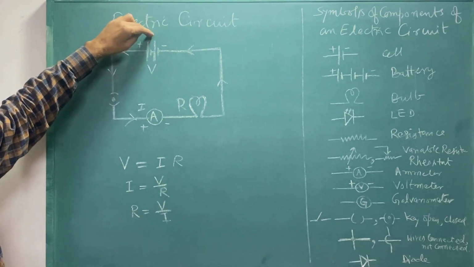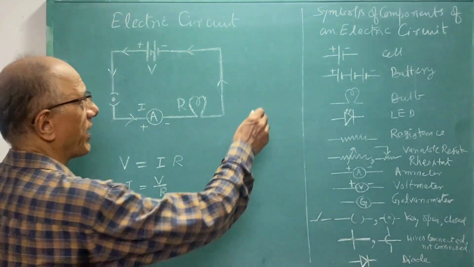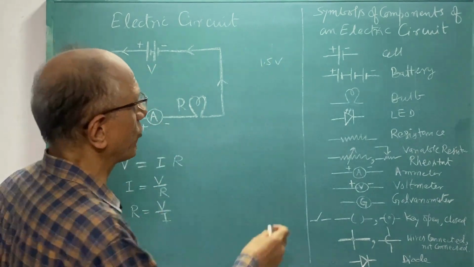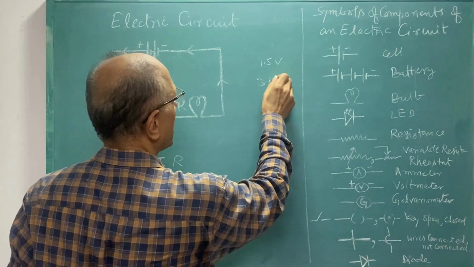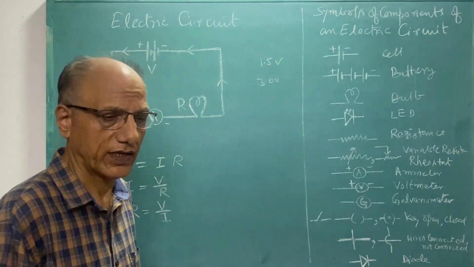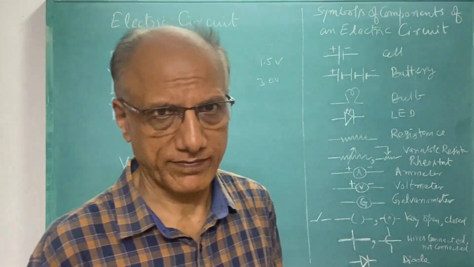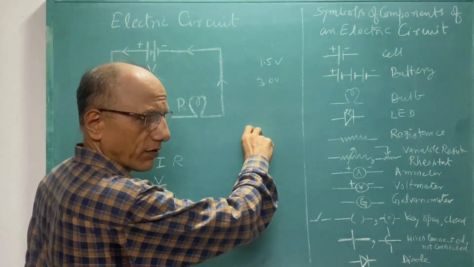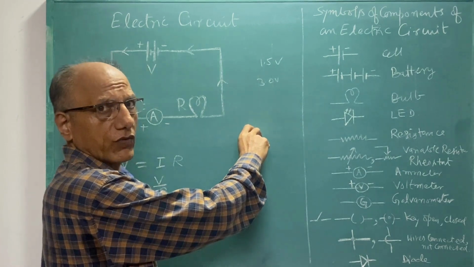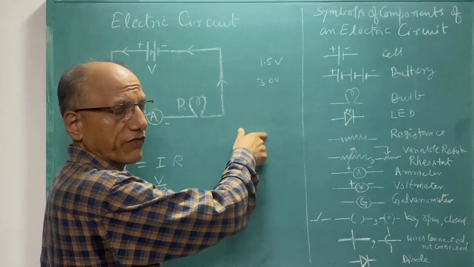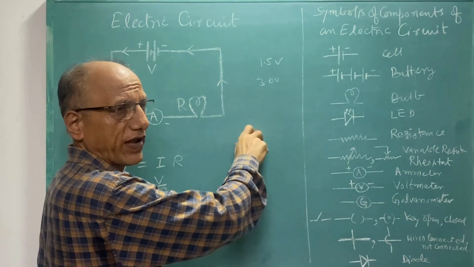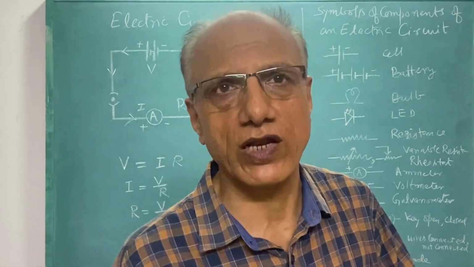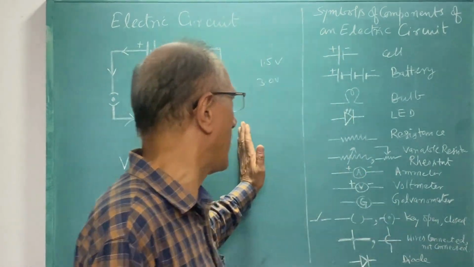In the case of a cell, it is 1.5 volt. If you connect two cells, then it will be 3 volt. And if you have a battery eliminator, then there you will find 0, 1.2, 1.5, then 3 volt, then 4.5 volt, then 6 volt, and likewise up to 12 volt or whatever it is, you can have the range.